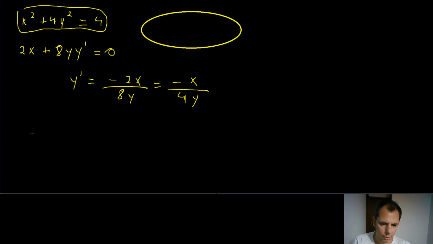So there's a point in the Cartesian plane, that's square root of 2 and minus 1 divided by the square root of 2. So this is the value of x, and this is the value of y.